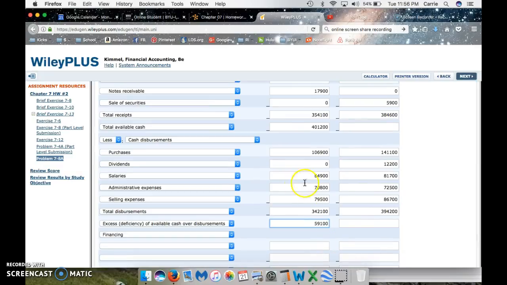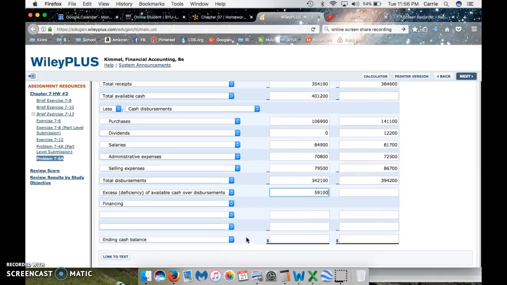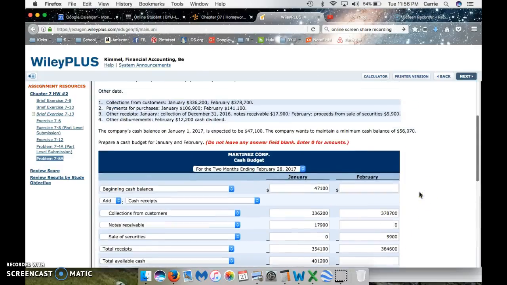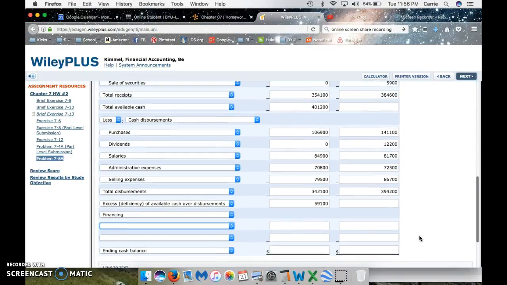Provided that all of these numbers are right. Okay, so we need to add, oh wait, no we don't, we need to go check. Okay, so the minimum cash balance needs to be 56 and 70. So if all the rest of the math is right, we don't actually need any more financing yet.